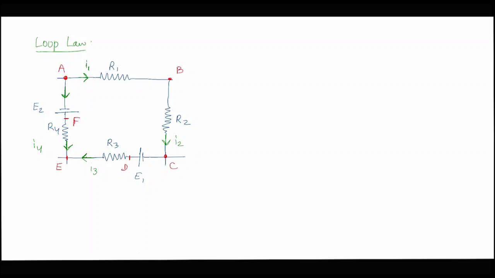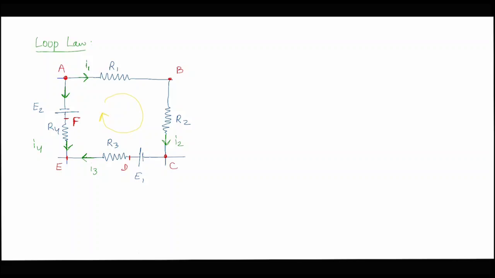So the points which acquire different potentials are named from A to F. When I say we are going in a loop, we are considering that we are going in a loop like this. That is, I will move from point A to B, B to C, C to D, D to E, E to F, and then back from F to A.